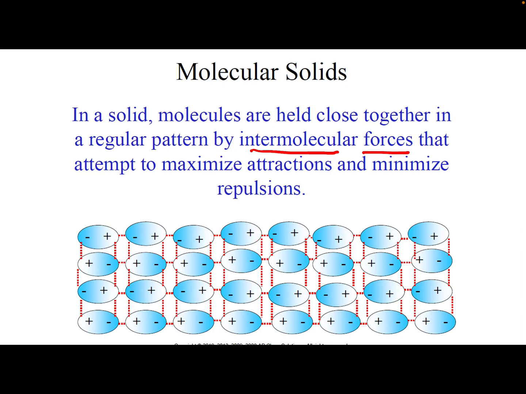So this results in strong dipole-dipole attractions, and that maintains the overall organization of the structure. Remember, if it's a polar compound, molecular solids can have dipole interactions, and like everything else, they're going to have London dispersion forces.